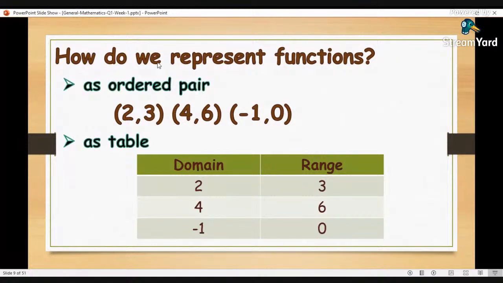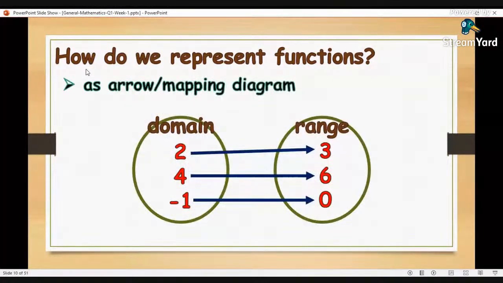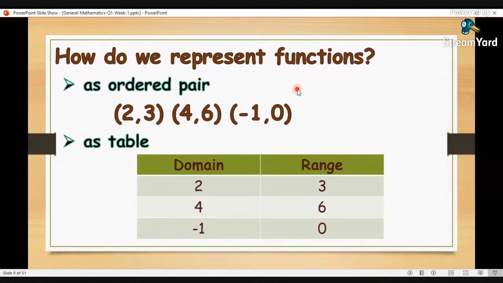Okay, let's continue. How do we represent functions? First, we can represent functions by ordered pairs. Here we have (2, 3), (4, 6), (-1, 0). It can be considered a function. But what will happen if it repeats? Instead of 4, it became 2 here.